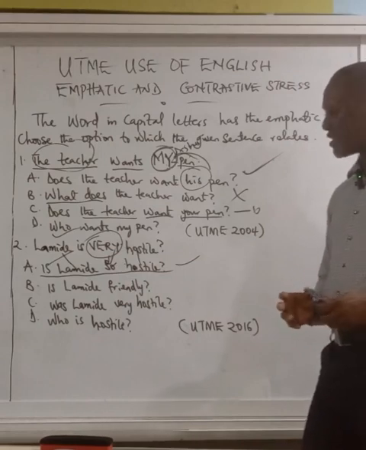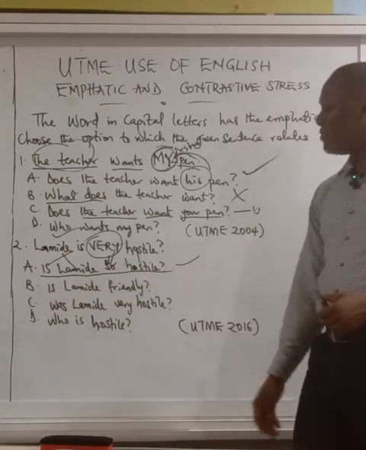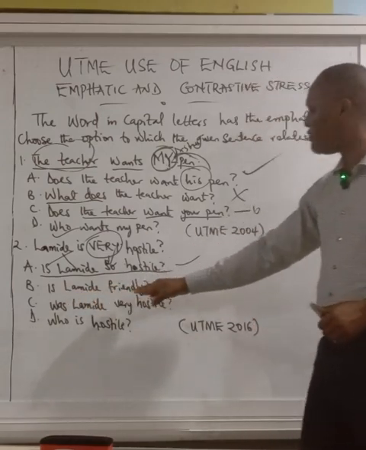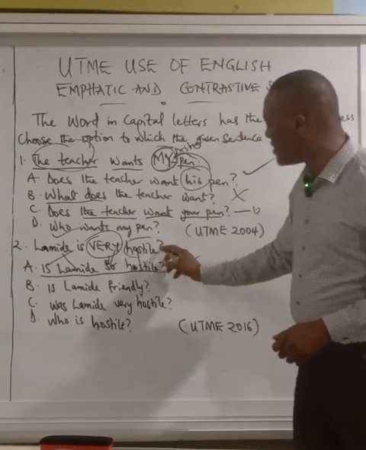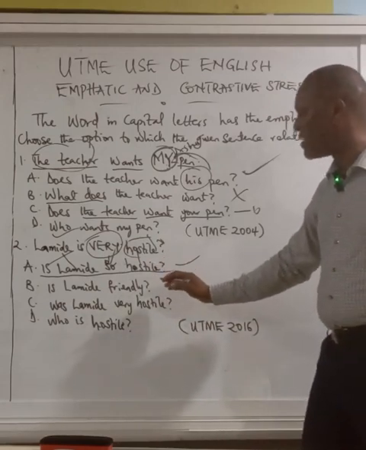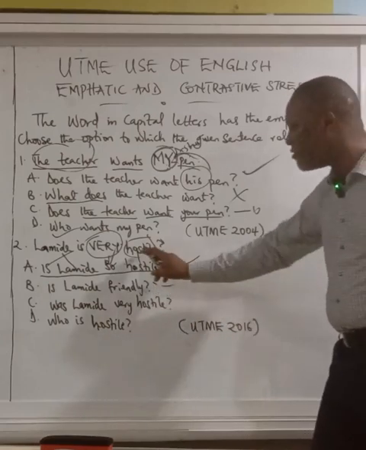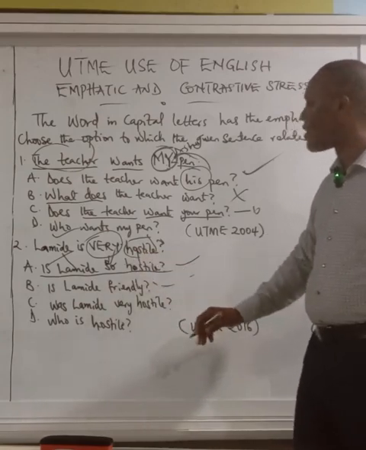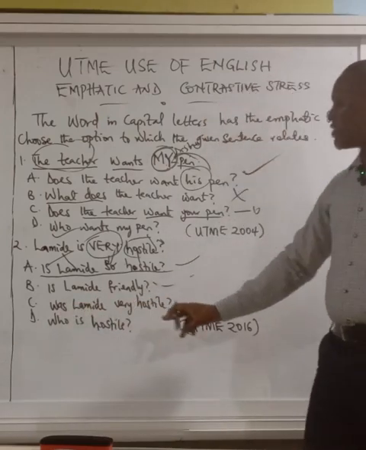I think this is clear. Now let's look at the second option, and why the remaining options are not going to be the best option for this question. Is Lamide friendly? If hostile had been capitalized, it means it is emphasized, and in that regard this would be the correct answer. Now, was Lamide very hostile?